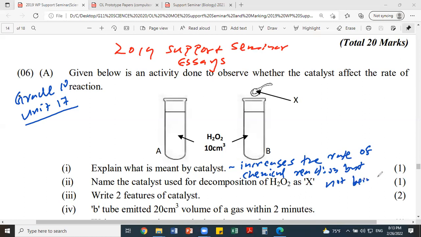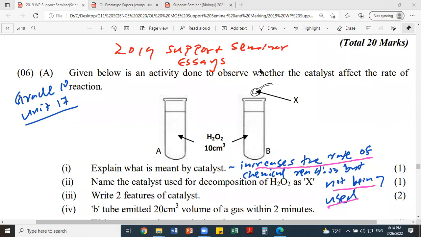The most important thing you have to mention here: increases the rate of the reactions, but not being used up or utilized during the reaction.